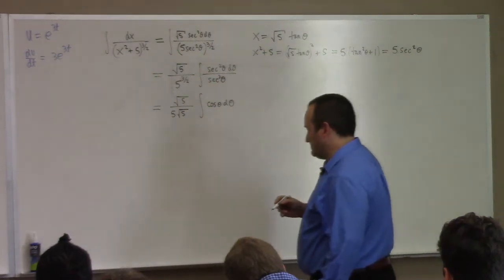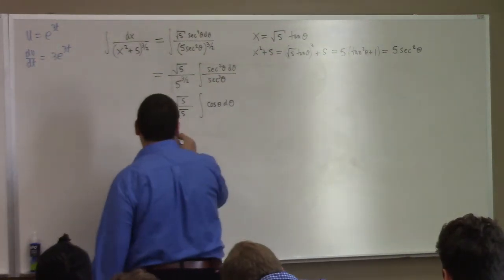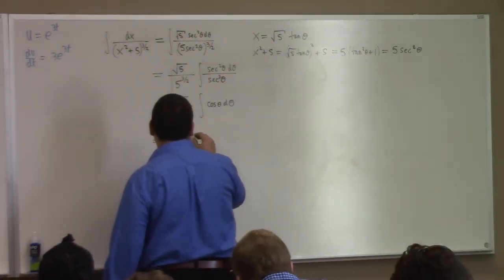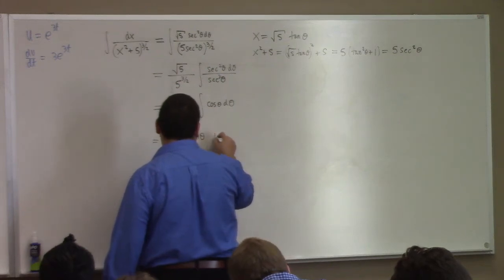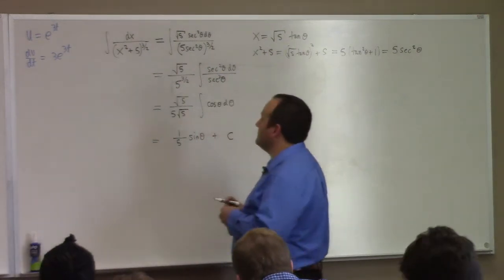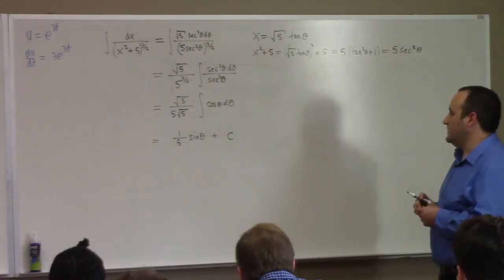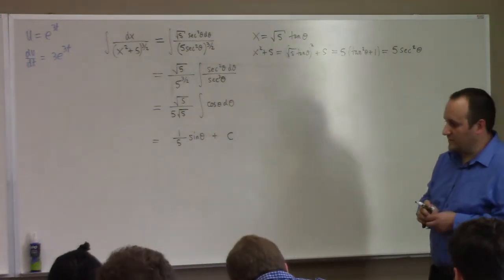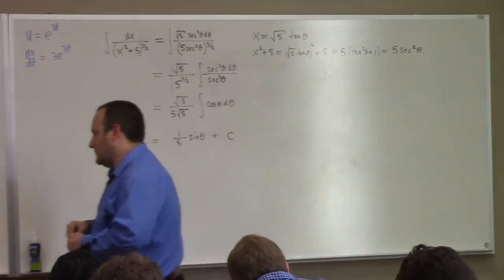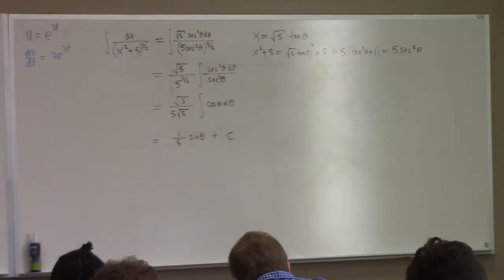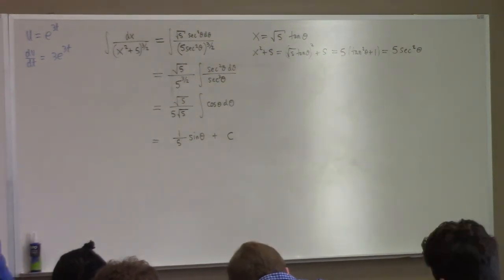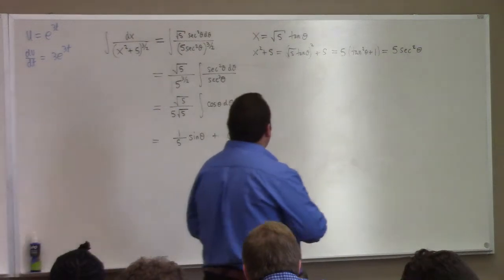So what we got is 1/5 sine theta plus a constant. Oh, this is a beautiful problem. I really like this problem, really nice. This is everything I wanted to illustrate the other day, and none of which happened for me.